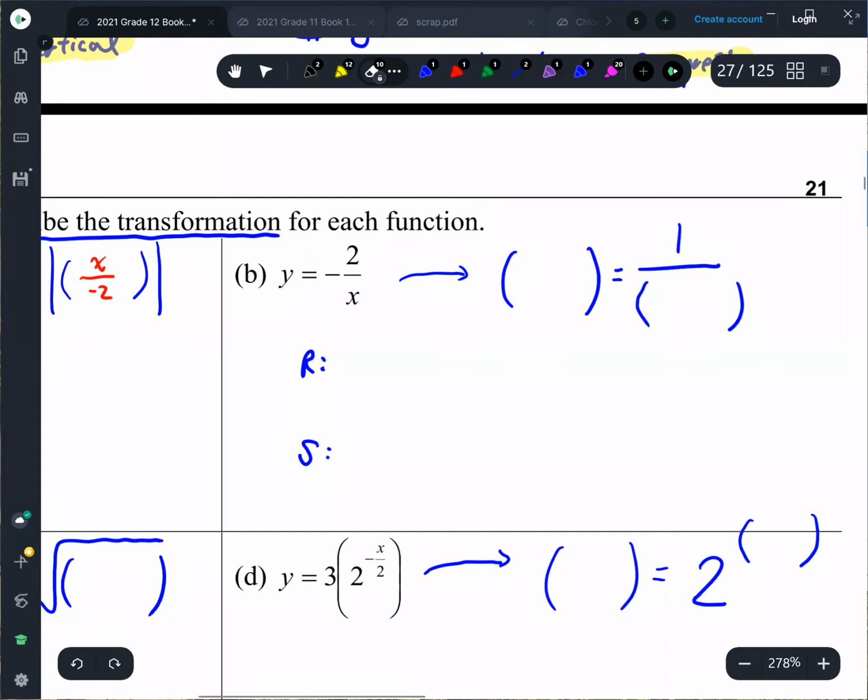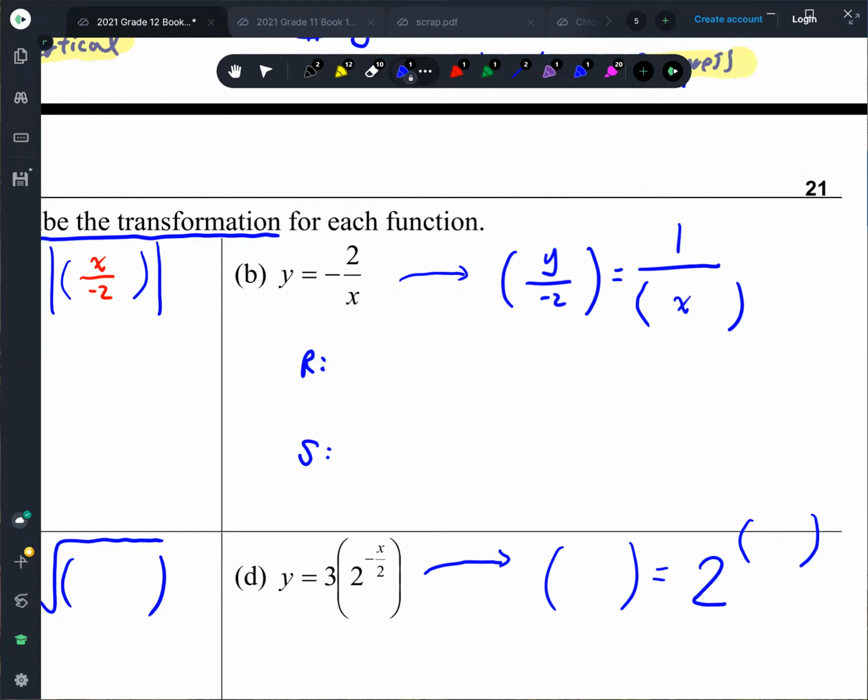So you move the -2 to the left side. How did you do that? I divided by the negative, and then I divided by 2 on both sides. So basically you divide both sides by -2.